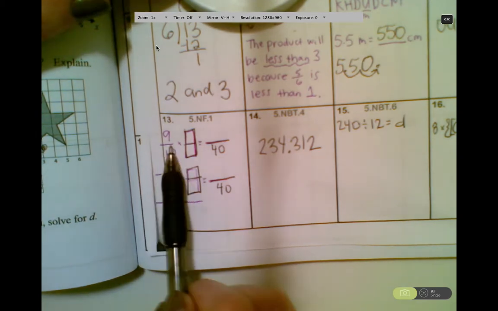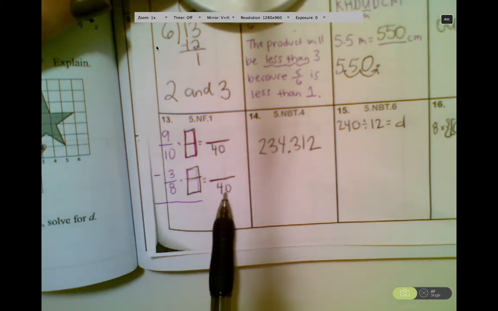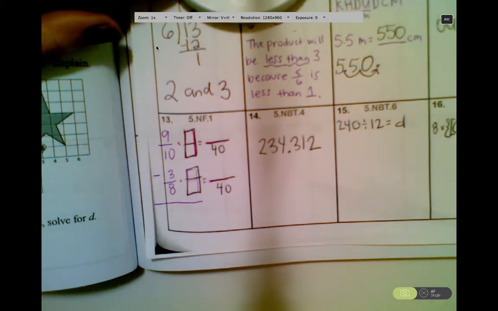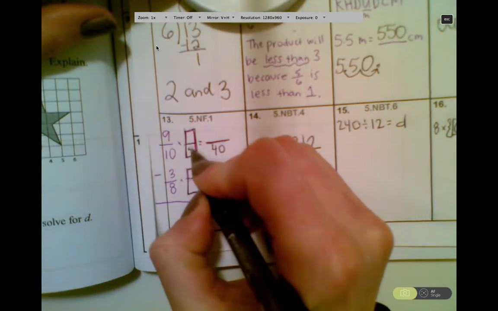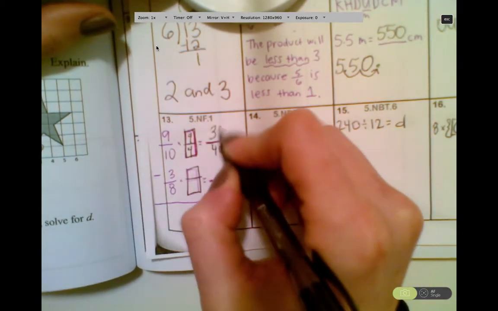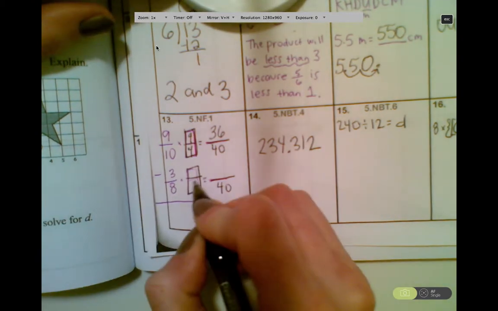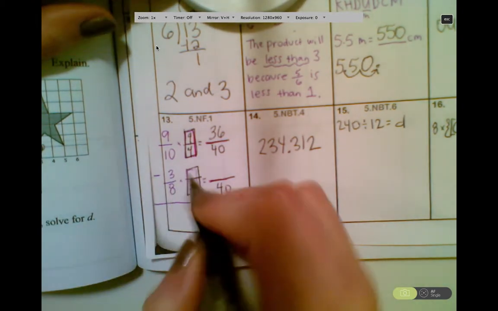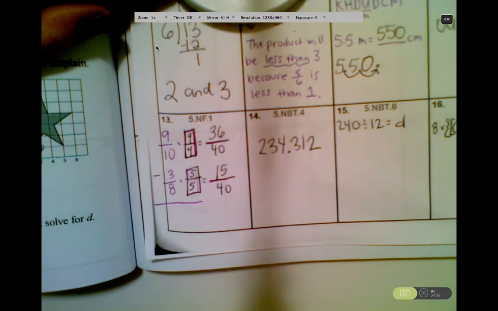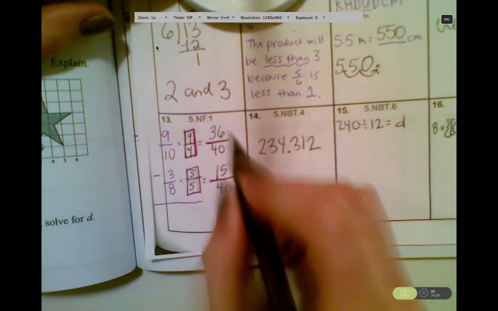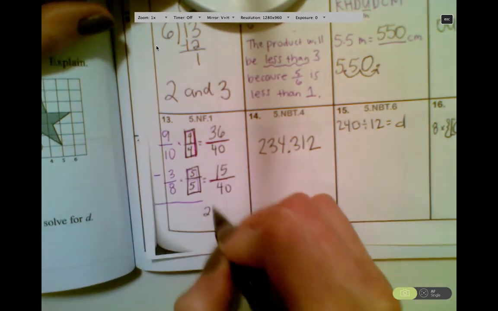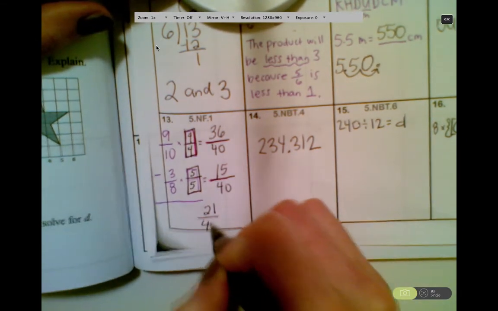I know that both 10 and 8 can go into 40, so I'm going to use 40 as my common denominator. 10 times 4 is 40, so 9 times 4 is 36. 8 times 5 is 40, and 3 times 5 is 15. Now if I subtract those fractions, 36/40 minus 15/40, I get 21/40.